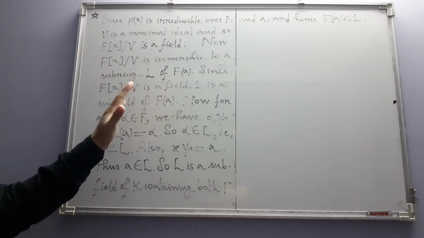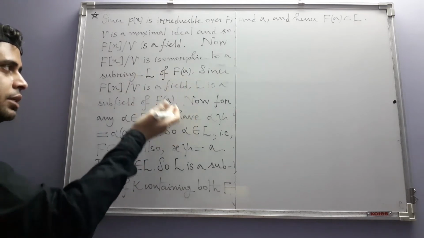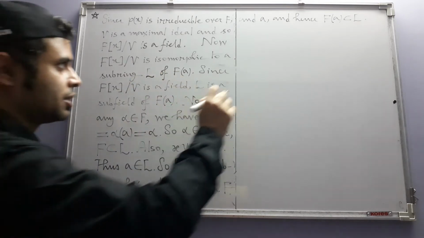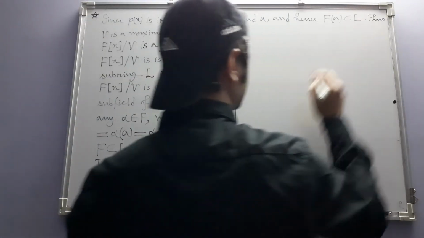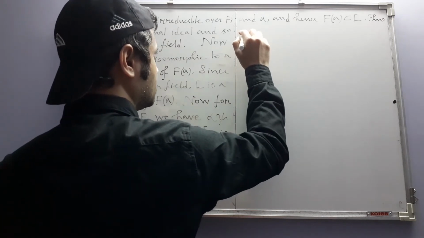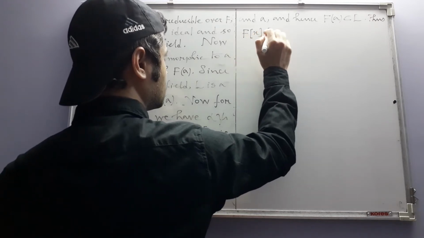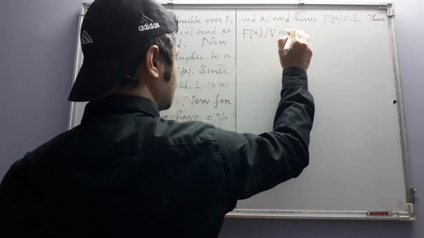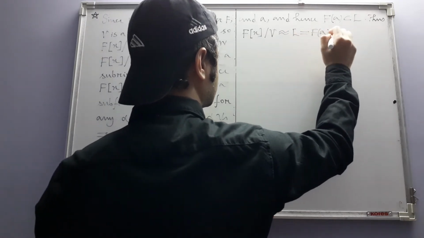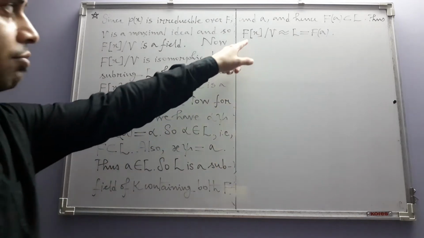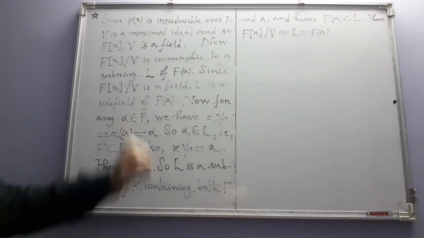One inclusion, of course, we haven't written explicitly: L is contained in Fa because after all it's a subring of Fa, but Fa is also contained in L. Thus, this, which is isomorphic to L, is equal to Fa. So we have shown that Fx by V is actually isomorphic to Fa.